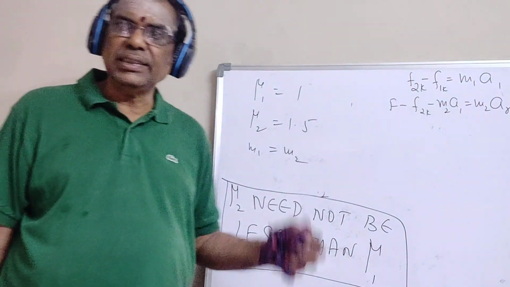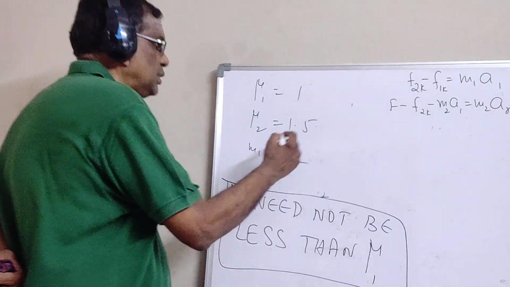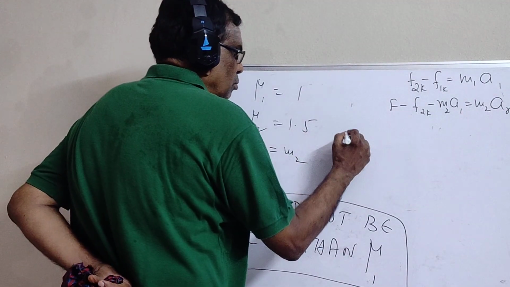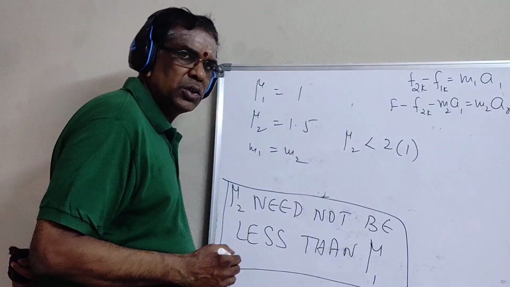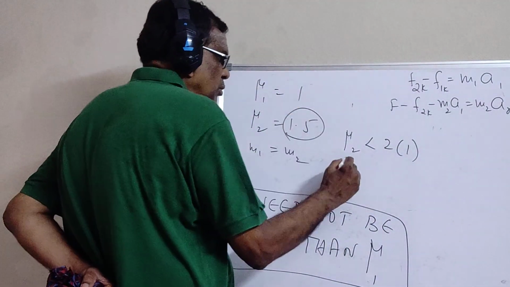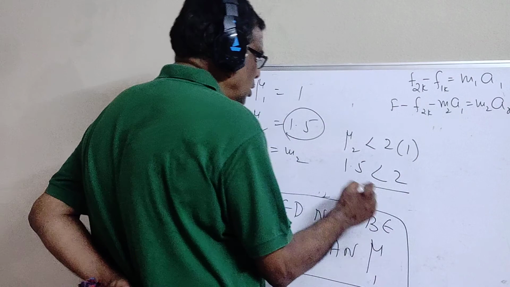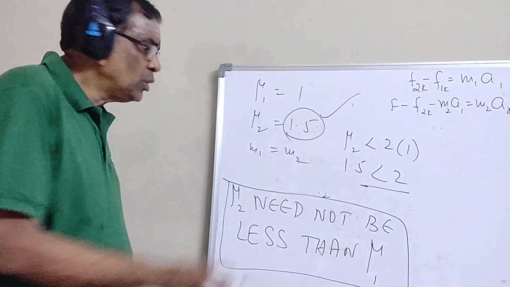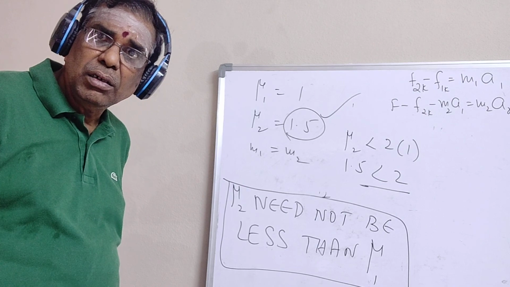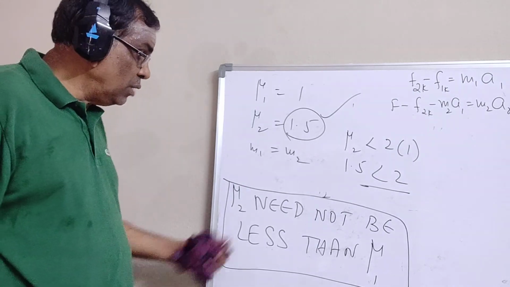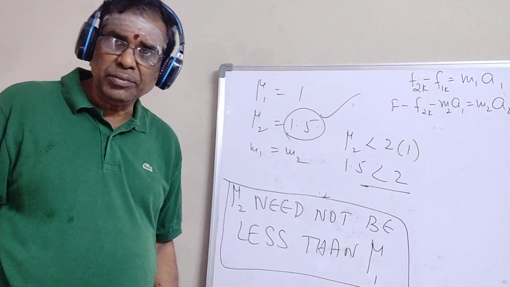Is the condition satisfied? Let us see. mu2 must be less than 2 into 1. So 1.5 is less than 2, therefore valid. So mu2 is greater than mu1. You get the point. If it is less, it's definite.